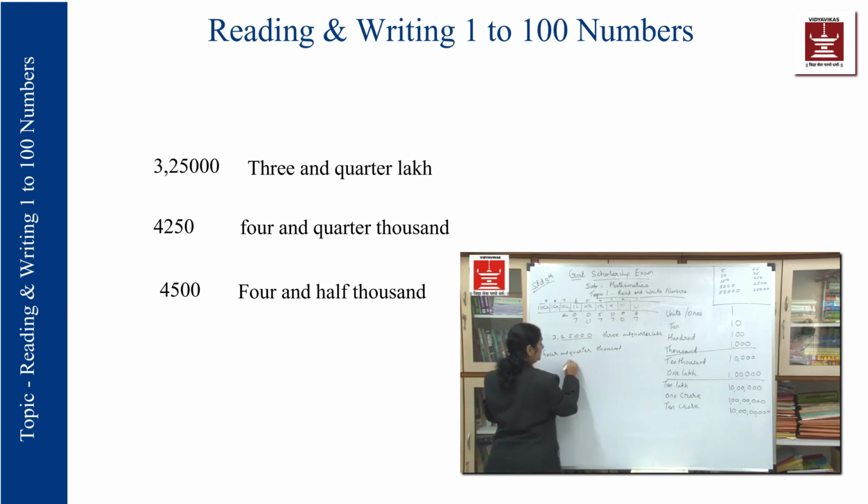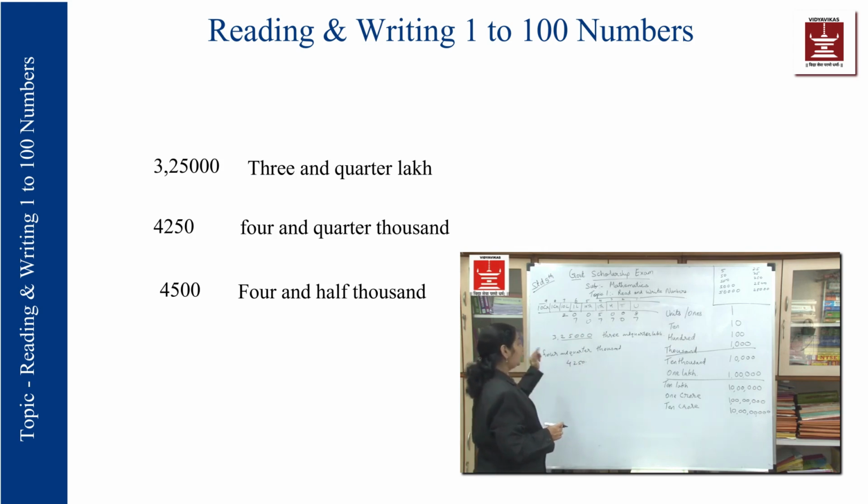So first it is 4,000, that means 4 in the fourth place, a 4-digit number. Okay, and quarter of 1,000, we have seen, is 250. So 4,250. Regularly, in our normal reading, we would read it as 4,250. But in terms of quarter, we are saying it as 4 and quarter thousand, because quarter of 1,000 is 250.